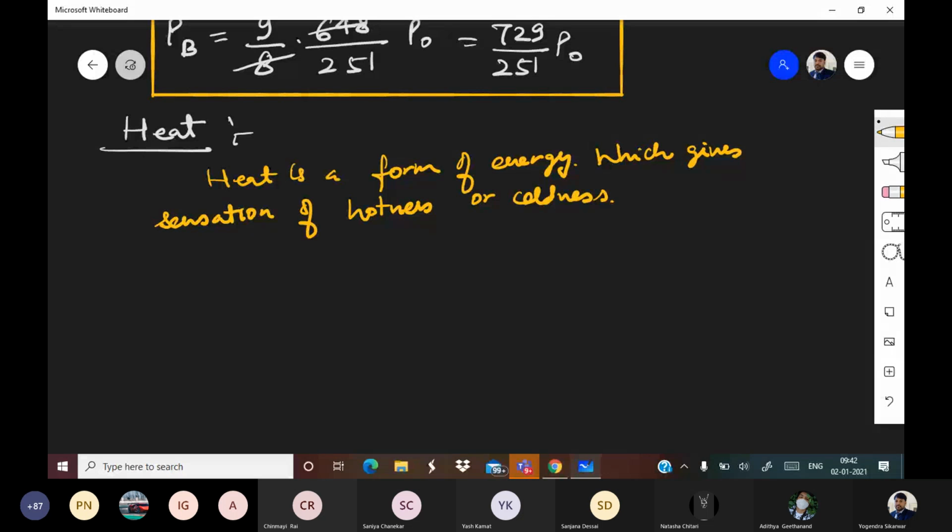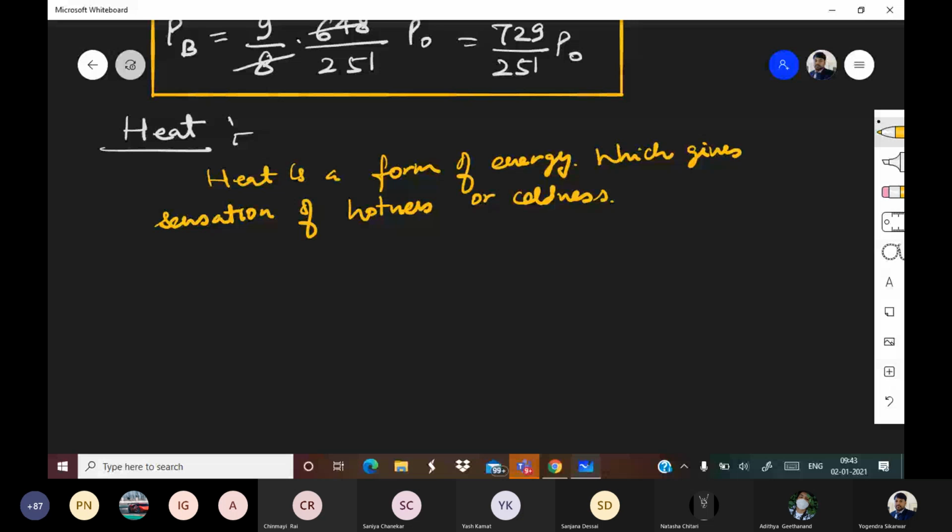Okay. So what is heat? It is a form of energy, and what is special about it? It gives the sensation of hotness or coldness. When you hold a cup of freshly made tea, the sensation you get is of hotness. You find that it is warm.